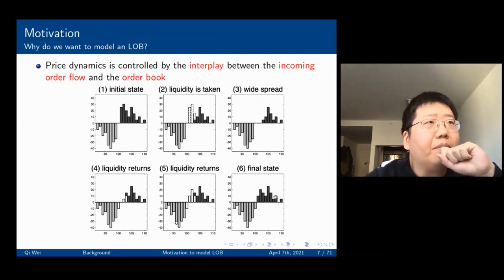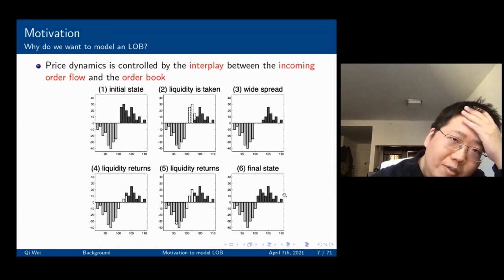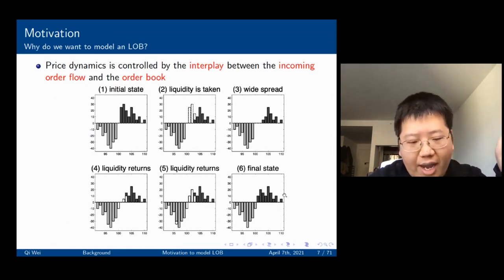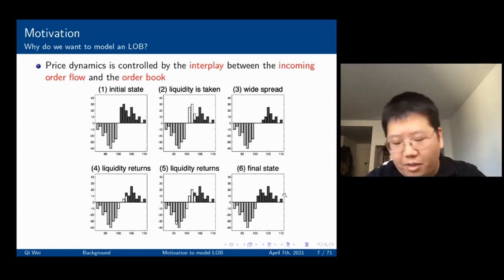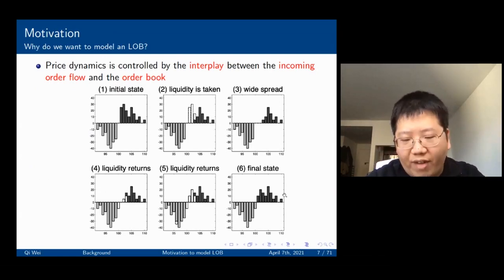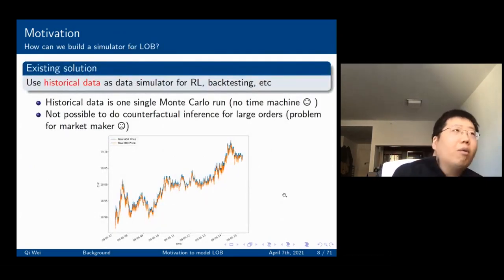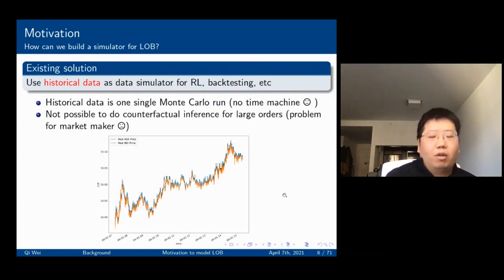As I mentioned, this is important because the price dynamics is driven by this order flow, and the price dynamics is one of the most important factors for all the decision making for traders. So how can we build a good simulator for the limit order book?